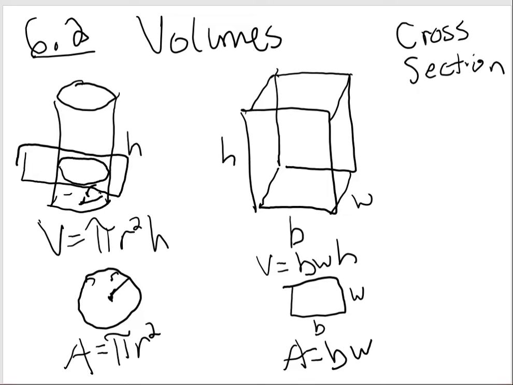So we could start to think of some questions like, how do these two things relate to each other? Cross-sectional area and volume. Well, notice that what it's looking like is V equals A times H. Now this goes back to the beginning of chapter 5.